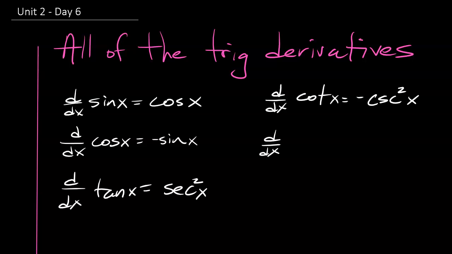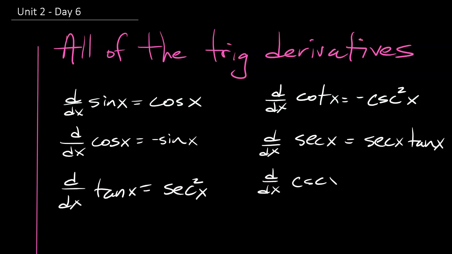Derivative of secant is secant tan. Derivative of cosecant is negative cosecant cotan.